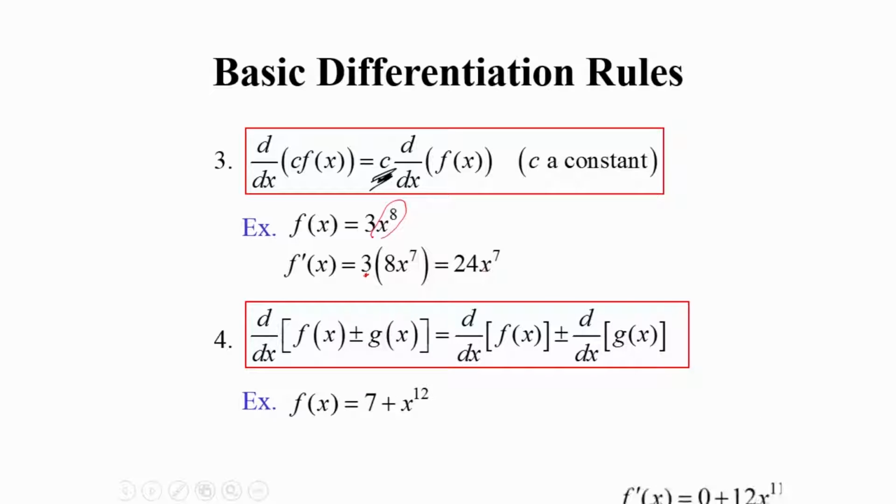Rule number 4. If you have a combination of several functions, plus or minus each other, then to take the derivative of the whole thing, it would be the derivative of the individual components. So here it says, if your function has f of x and g of x plus or minus each other, then the derivative would be d dx of f of x plus or minus d dx of g of x.